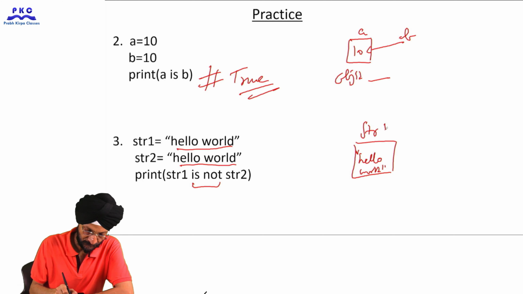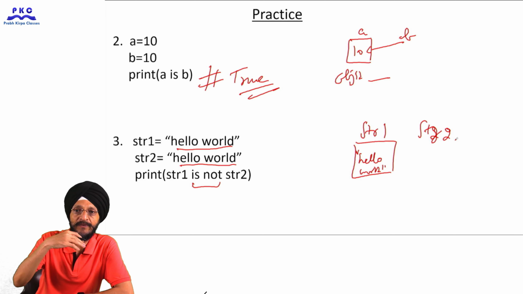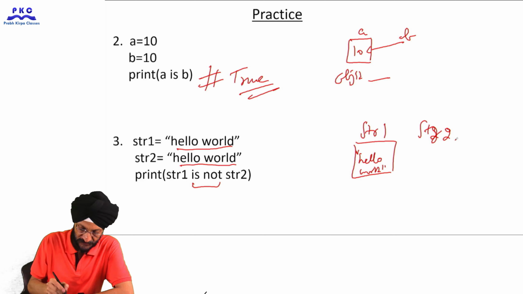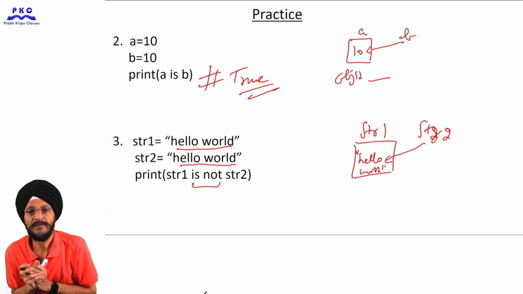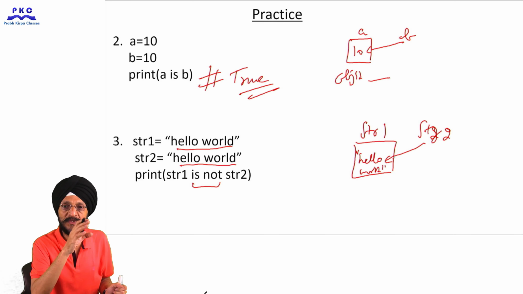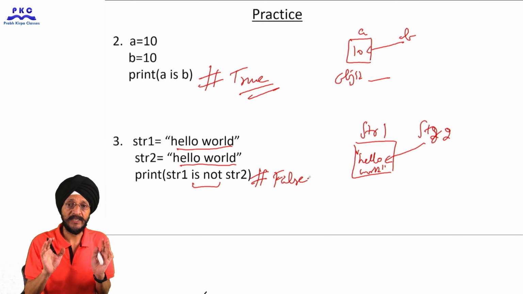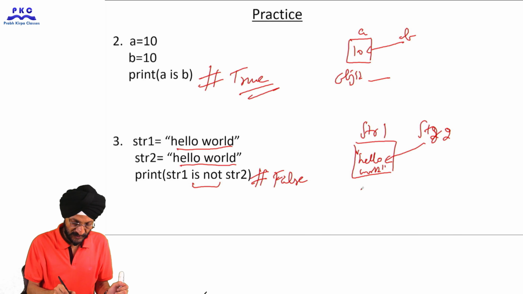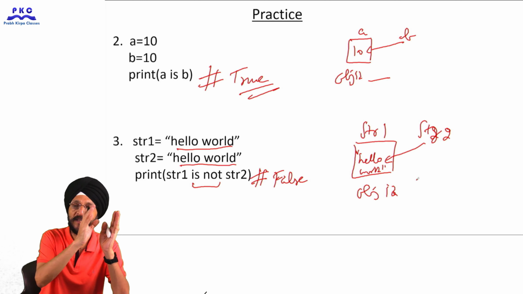Here str1, when str2 is created, it will not refer to another object in the memory, rather it will refer to the already existing object in the memory. So the output is false because both str1 and str2 refer to the same memory address or refer to the same object in the memory.